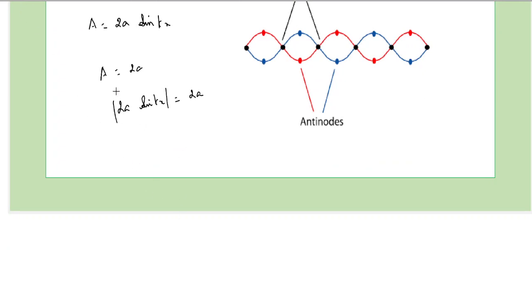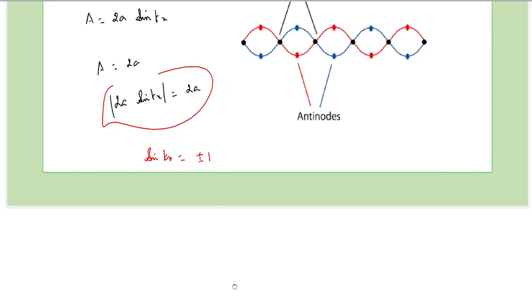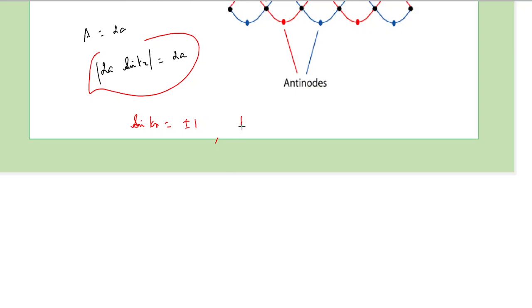If we solve this, then this implies that sine of kx is plus or minus 1. This means that k into x is equal to (2n minus 1) pi by 2, where n is equal to 1, 2, 3, etc. Again, from here, 2 pi by lambda into x is equal to (2n minus 1) pi by 2.